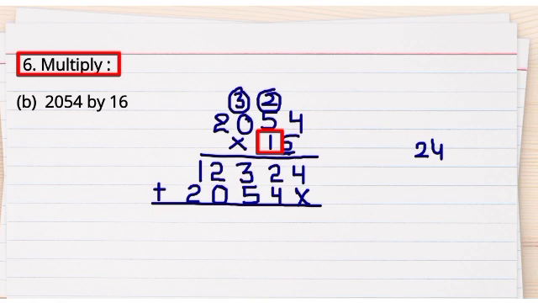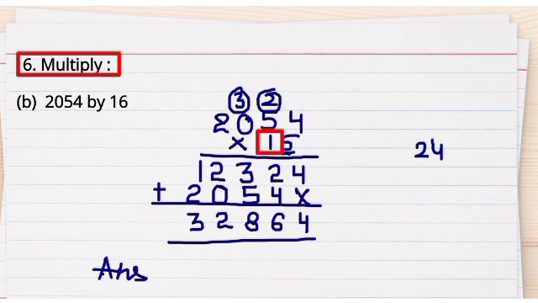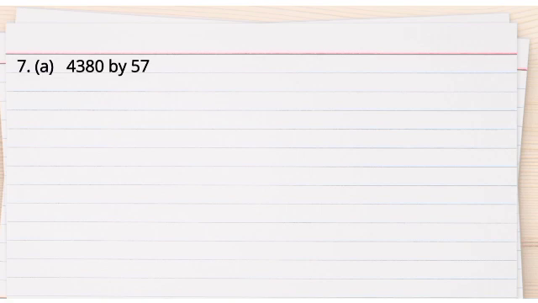So 4 plus cross 4, 2 plus 4 6, 5 plus 3 8, 2 plus 0, 0 means nothing. You are adding nothing in 2. So 2 will remain 2. 2 plus 1, 3. So your answer is 32,864.